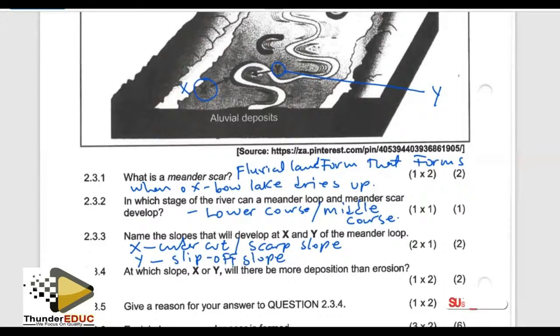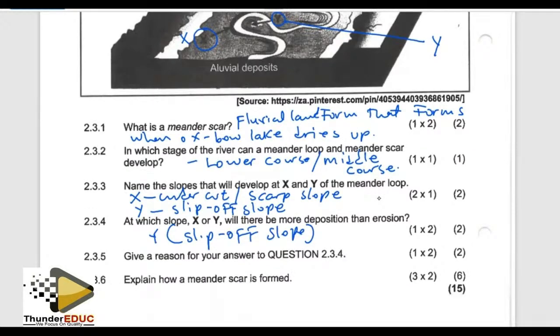2.3.4, at which slope, X or Y, will there be more deposition than erosion? Because we know the slip-off slope is where the river deposits more, it should be slope Y, the slip-off slope. So there will be more deposition than erosion at slope Y, due to slow movement of water. The river can no longer erode. Instead, it will be depositing more materials at that point. Give a reason for your answer.